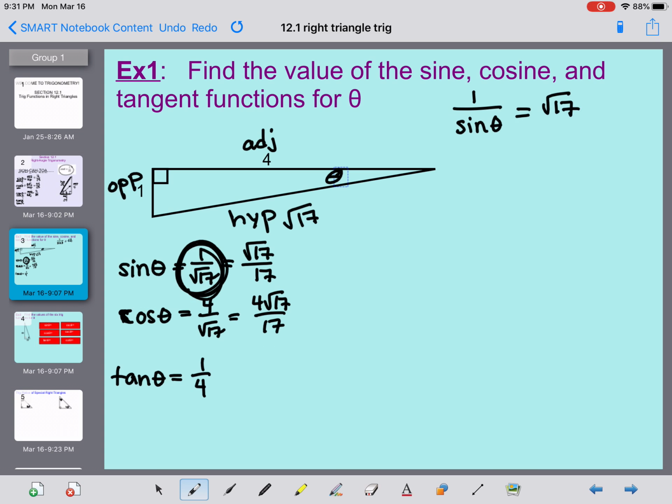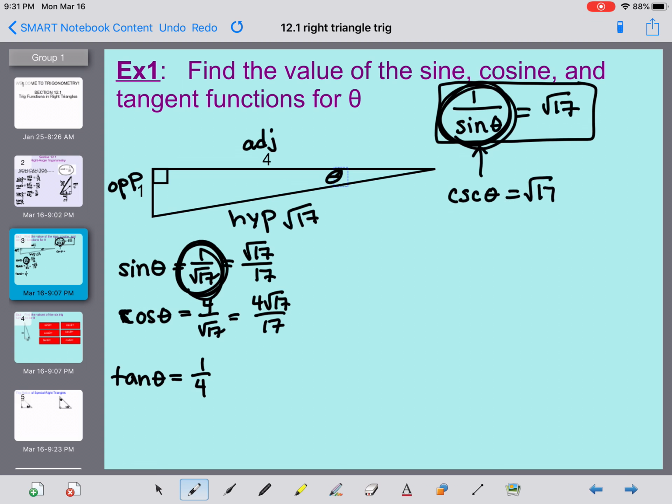Now, we don't write this as our answer when we talk about reciprocals. We give this part right here a special name, a new name. So the new name for 1 over sine of theta is cosecant of theta. So cosecant is the reciprocal of sine. You would write your answer this way. All right. So the reciprocal of cosine, when you do 1 over cosine, we call that secant.